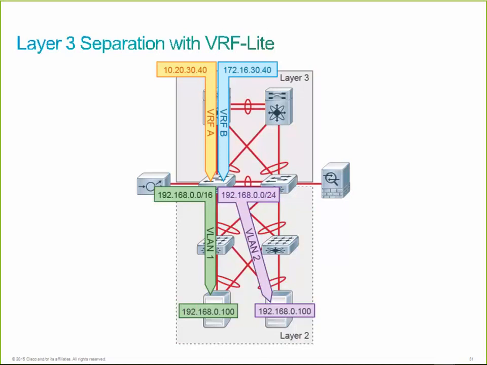There's another benefit, though, of separating the routing and forwarding instances, and that benefit comes in the idea that we can have overlapping address space. One tenant or one department or one unit, or whatever you call it, can have the same address space as another. In a public cloud, this is a very common thing because obviously the tenants are working independently of each other.